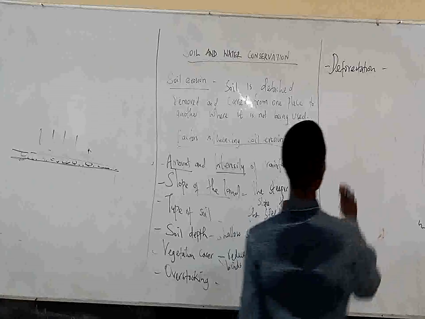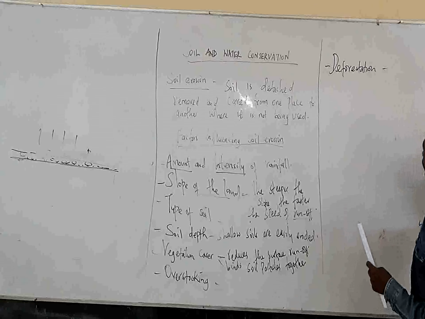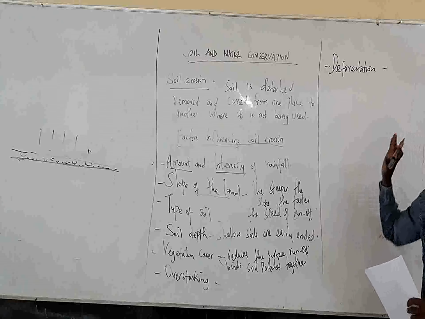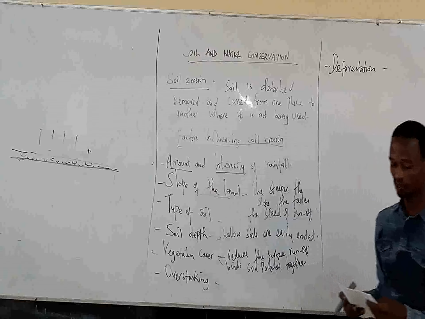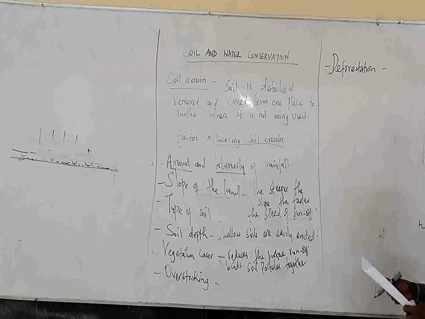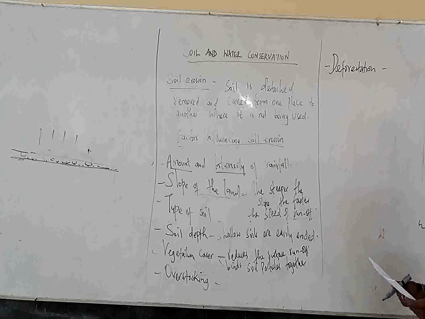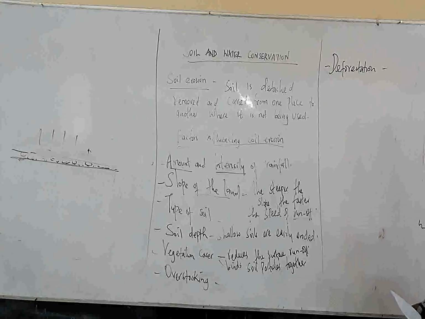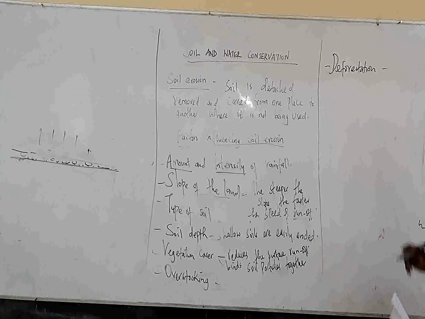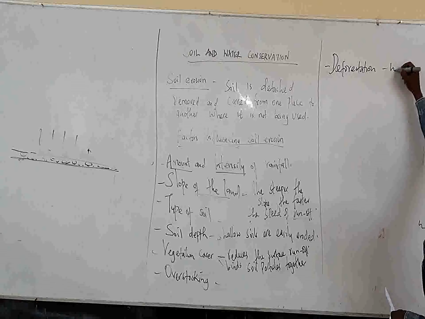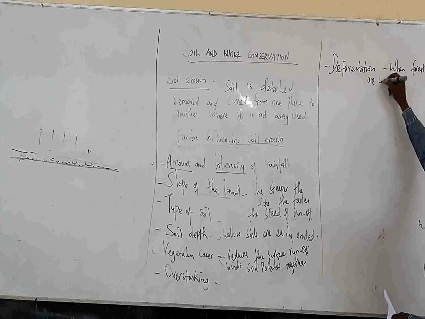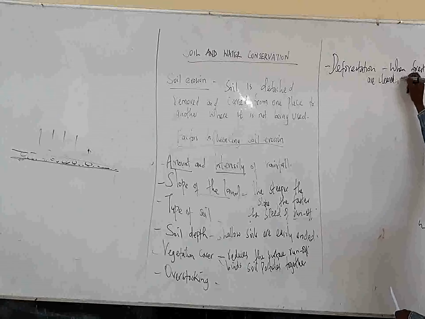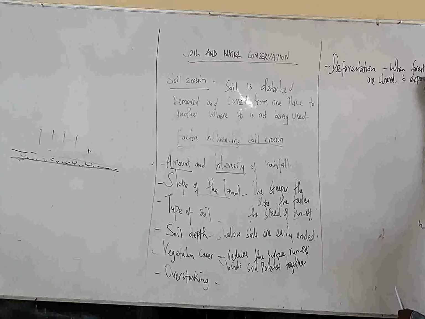And once we cut down the trees, remember the roots of these trees bind the soil particles together, making sure that we don't have any soil erosion taking place. So when forests are cleared, it exposes the soil to erosion.